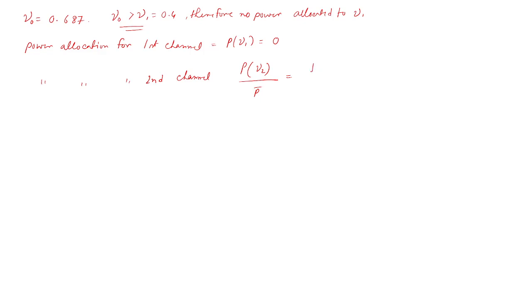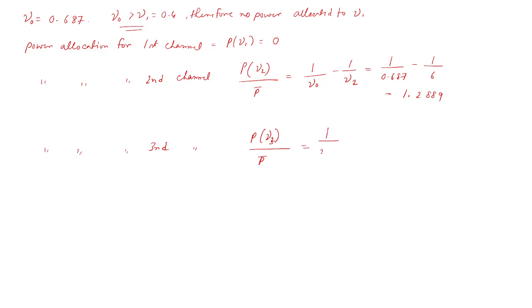This is given as 1 over gamma naught minus 1 over gamma 2, which is 1 over 0.687 minus 1 over 6. It comes out to be 1 over 0.687 minus 1 over 6, that is 0.16, which comes out to be 1.2889.